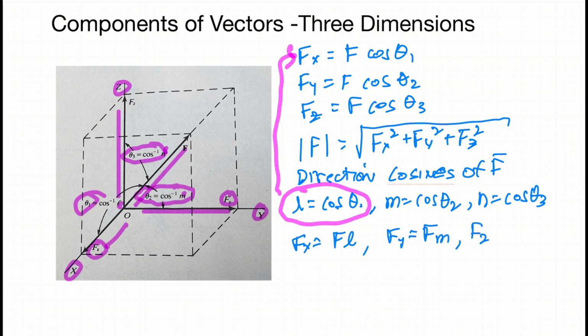And f of z is just equal to f times n. And we know from trigonometry that l squared plus m squared plus n squared is equal to 1. So this is just going to give us some more ammunition, so to speak, to handle some of these problems, because three-dimensional examples start getting a bit more complicated.